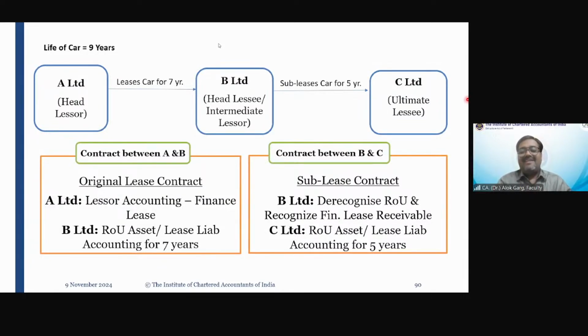Right. So friends, let me tweak this example. I have purposely written this 5-year, 7-year de-recognize ROU. But B will de-recognize partial ROU, ROU for the 5-year period. The last 2 years is with B only, right?